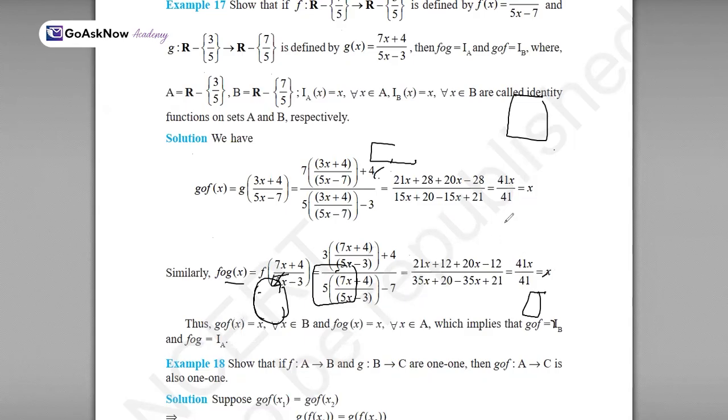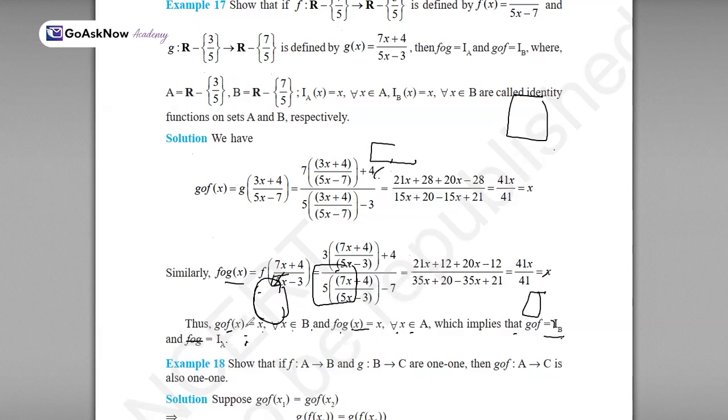So from both the points we get g∘f(x) equal to x for every x belonging to B, and f∘g(x) equal to x for every x belonging to A, and this implies that g∘f is I_B and f∘g is also I_A. So both are identity functions, because you are getting g∘f(x) also x and f∘g(x) also x.